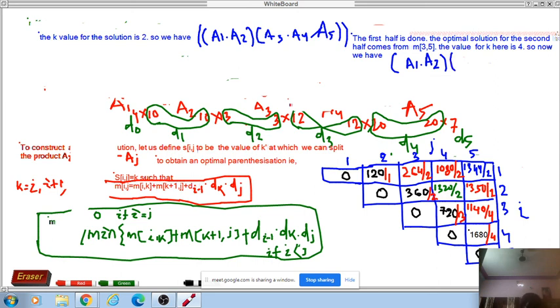That will be again multiplied with a3, multiplied by a4. Okay, this bracket is closed. Clear? Then it is multiplied with a5. Then the bracket is closed. This is your answer.